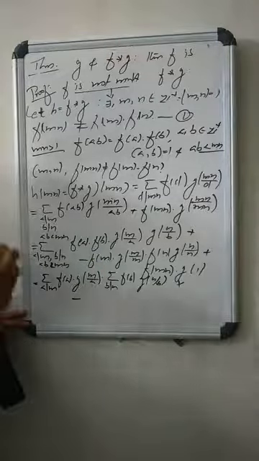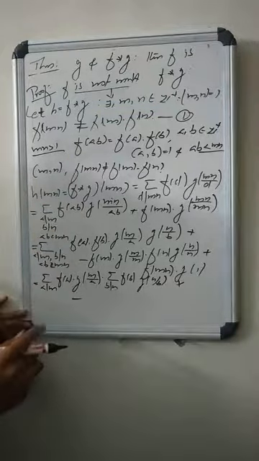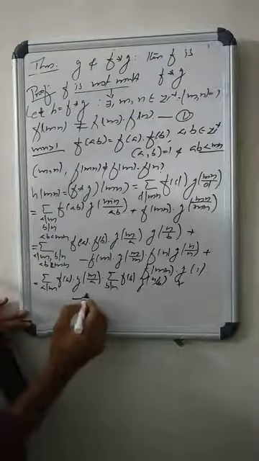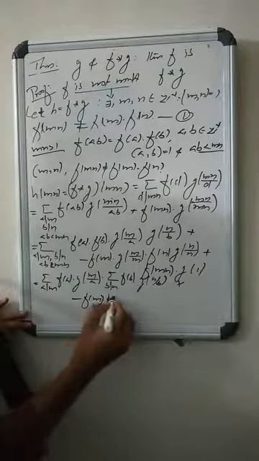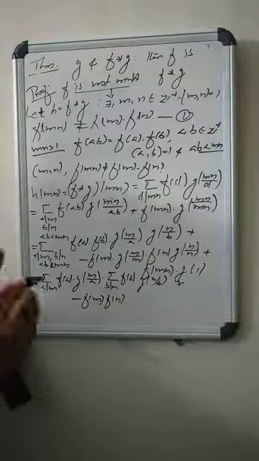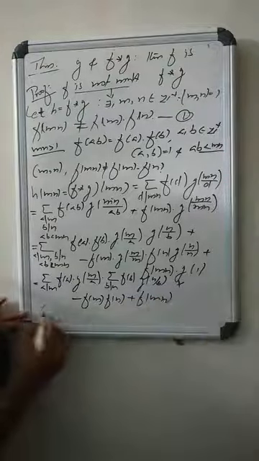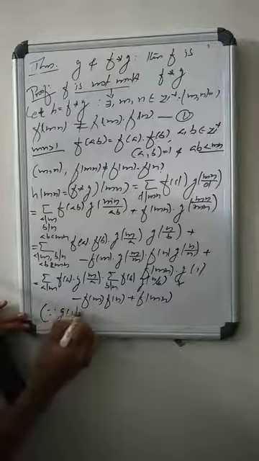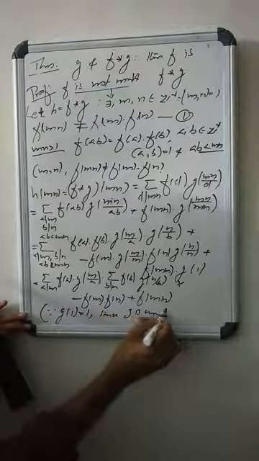What is g of 1? Since g is multiplicative, g of 1 is 1. So it is f of M into 1, and into f of N into again g of 1, which is 1, plus f of MN.